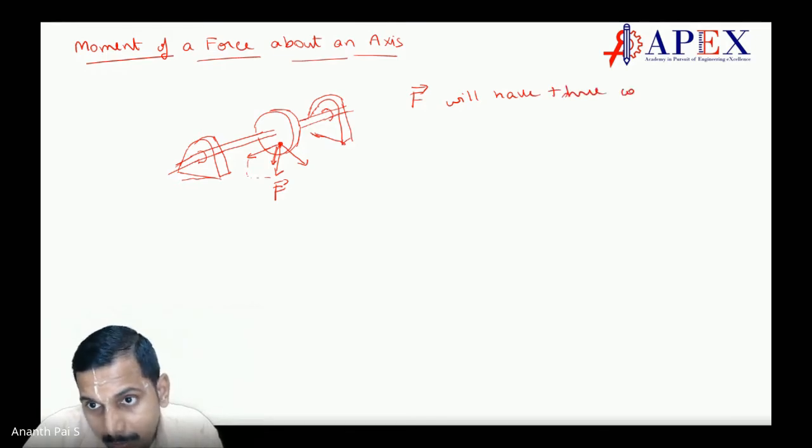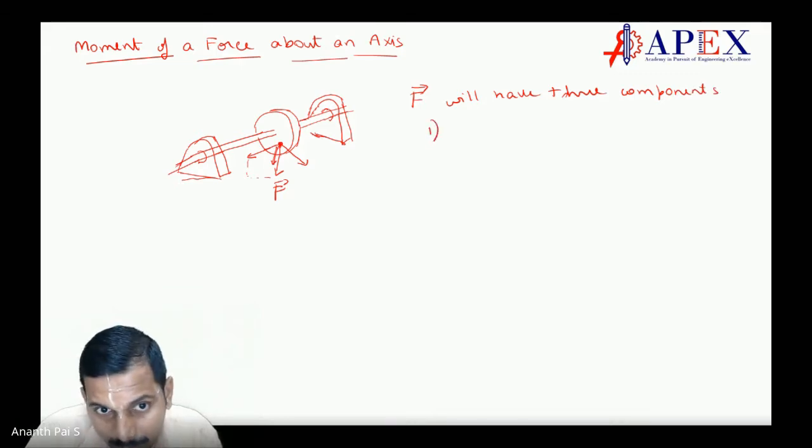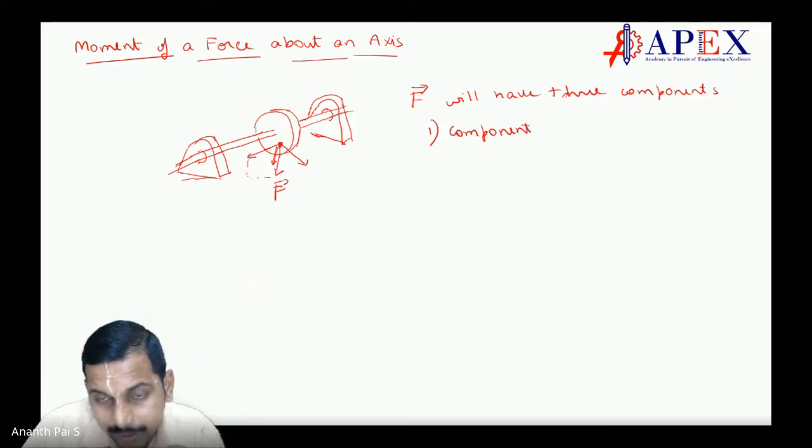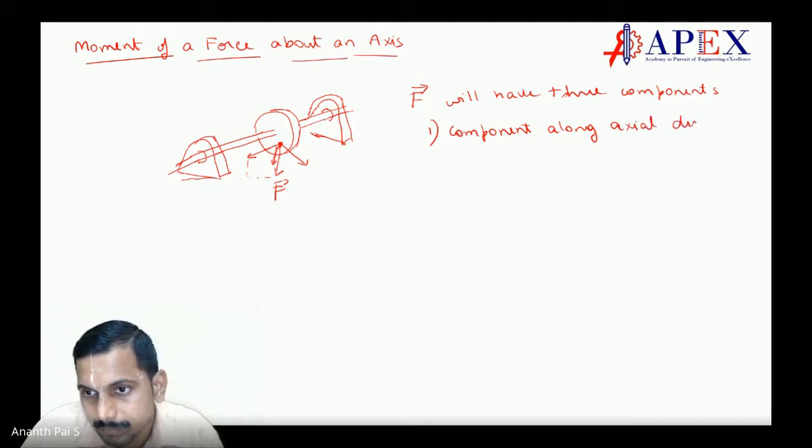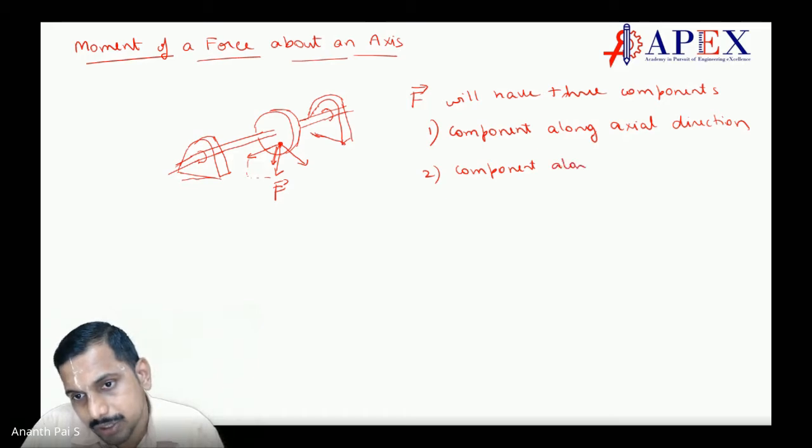Three components. First, component along axial direction. Second, component along radial direction.